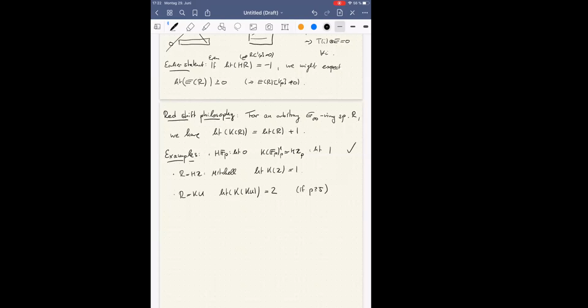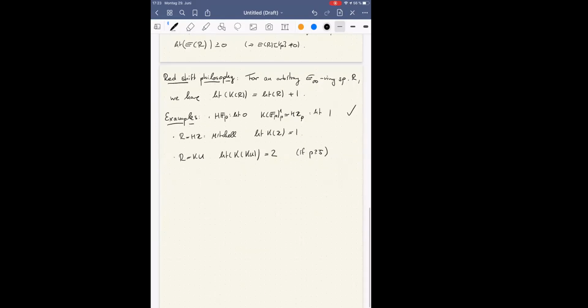I should say that in this redshift philosophy, on this redshift conjecture, there are two different statements of quite different flavor. Equality can be seen as consisting of two inequalities, namely smaller or equal and bigger or equal.